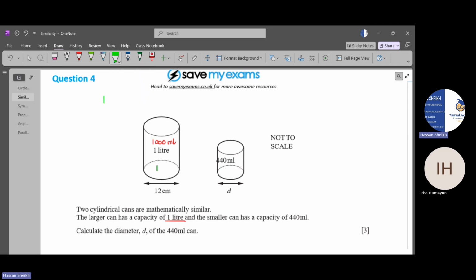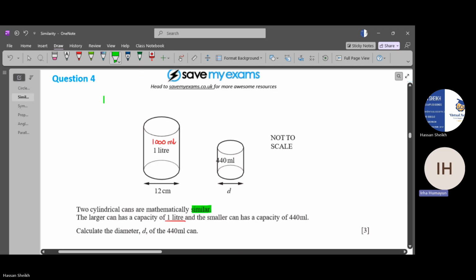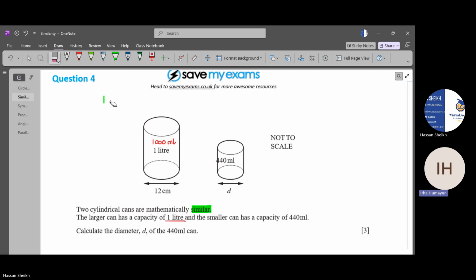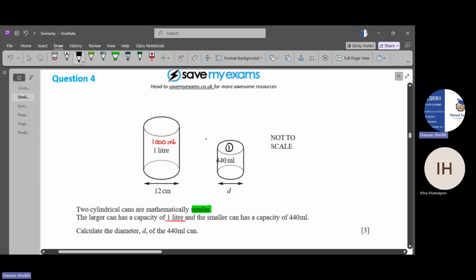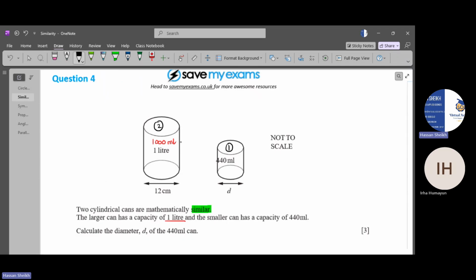So, which means that the objects are similar. Which formula are we going to apply here? V1 over V2 equals L1 over L2 whole square. Exactly. Very well done. Now, for your ease, I'm marking these two geometrical figures with 1 and 2 so that it will be easier to apply the formula.